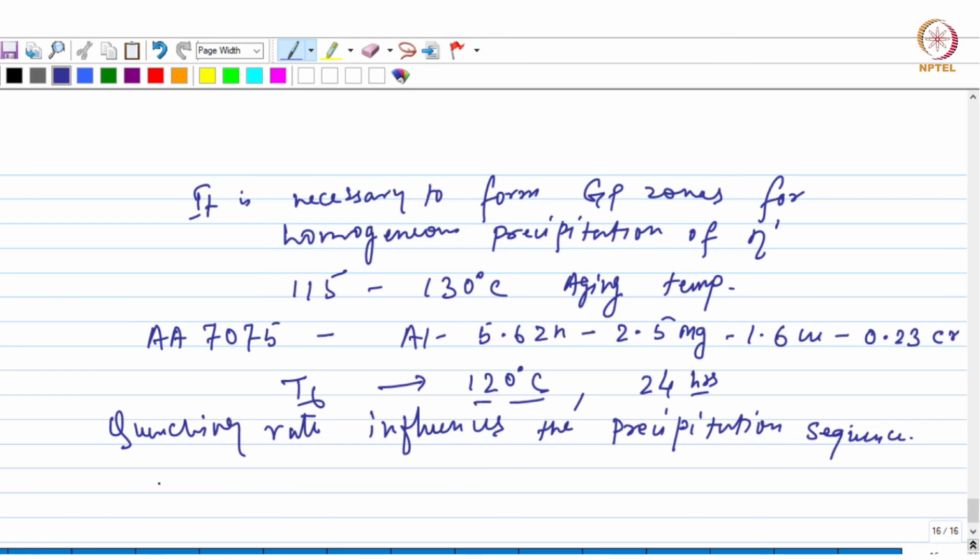If the quenching rate is slow, then the precipitate will form directly. And they will form preferentially on dislocations and grain boundaries.